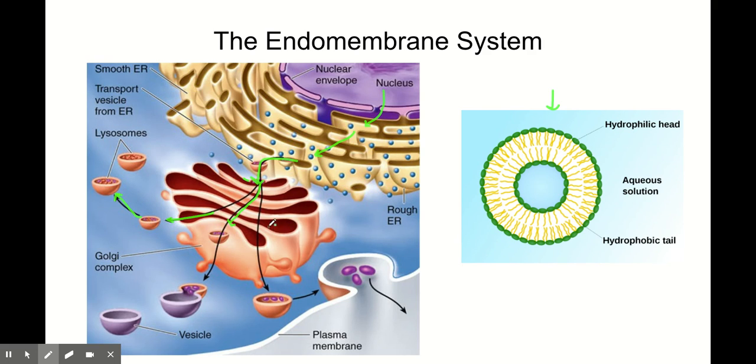The second option is that the modified protein can be sent in a vesicle to the outer plasma membrane, where, like we see in this figure, that vesicle fuses with the membrane and releases its contents outside of the cell. That's called secretion.